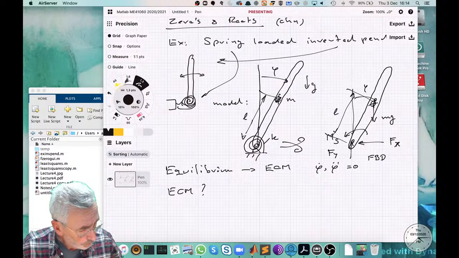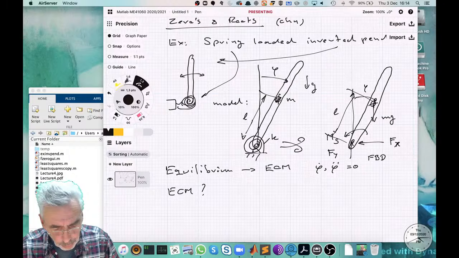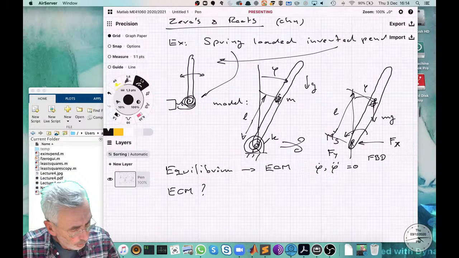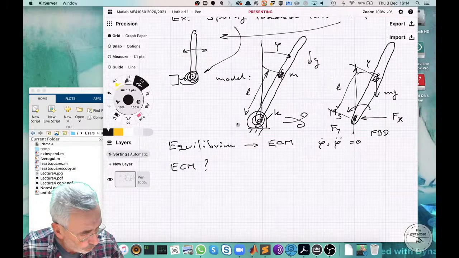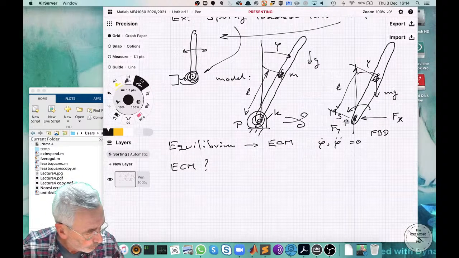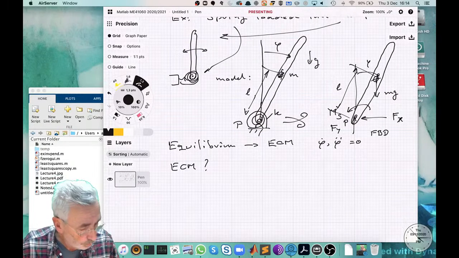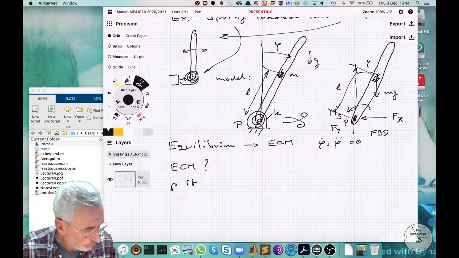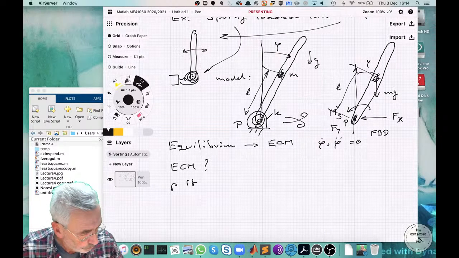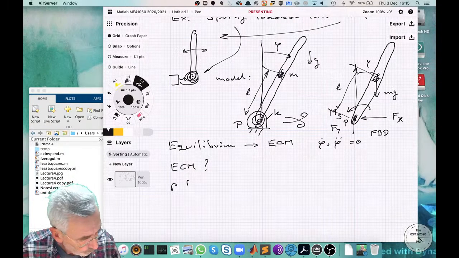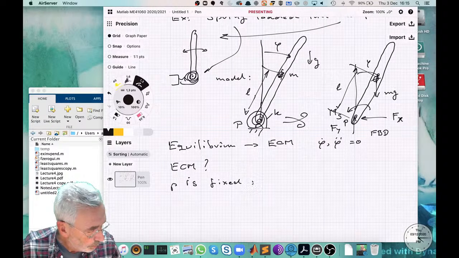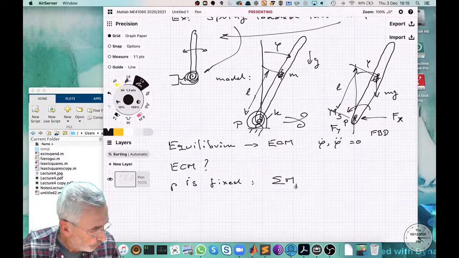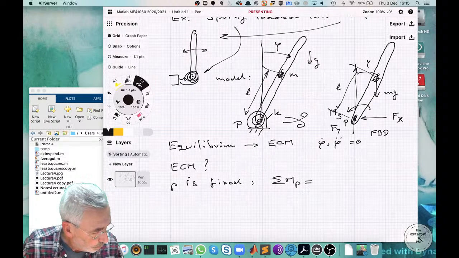So then we can do all kinds of equilibrium things, and actually a quick and dirty way: if this is the support point P, since P is a fixed point, we can say that the sum of the torques about P should be the mass moment of inertia about P times the angular acceleration.